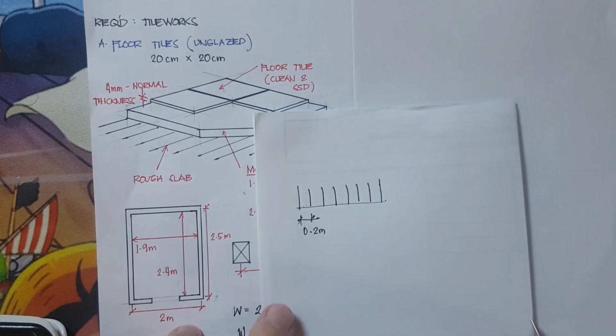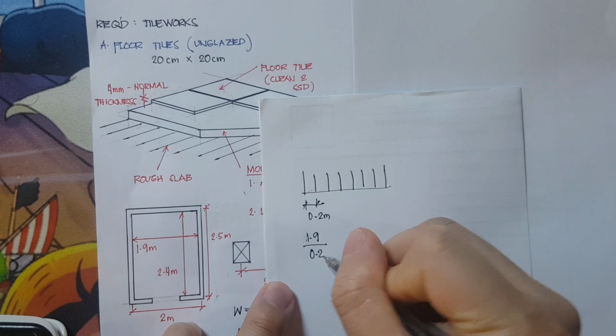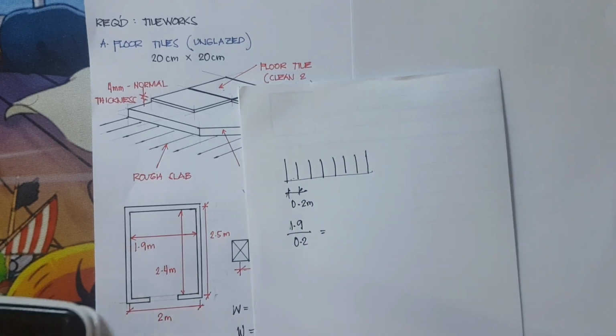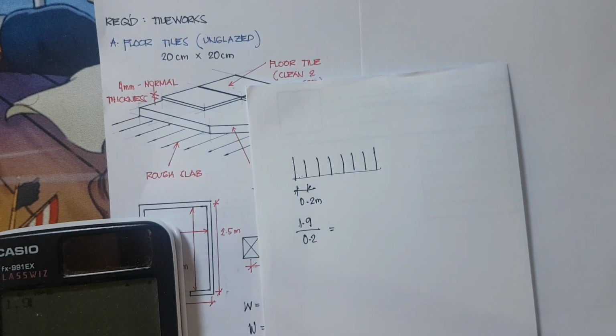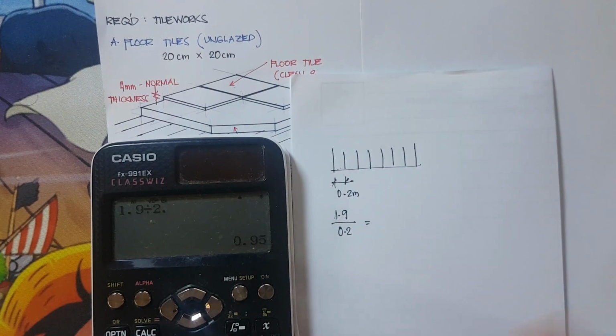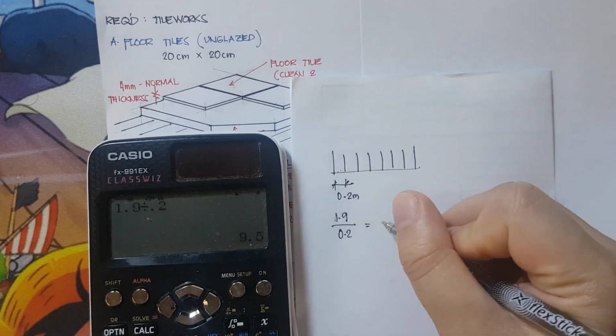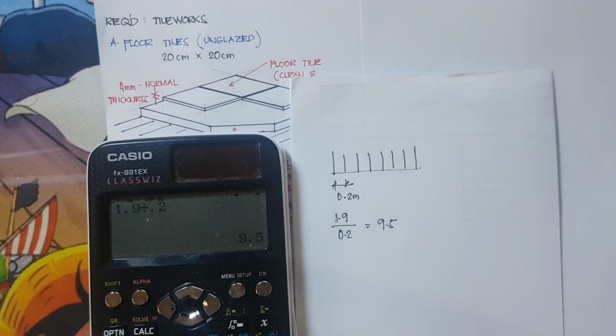So, we need to check how many 0.2 fit in 1.9. So, 1.9 divided by 0.2 is 9.5, which is okay.